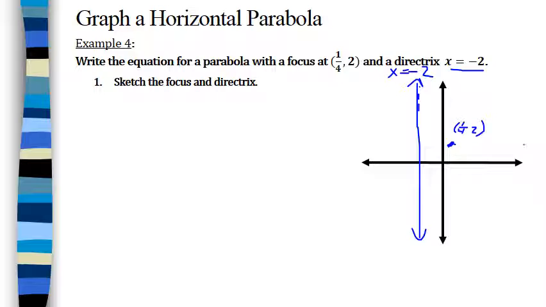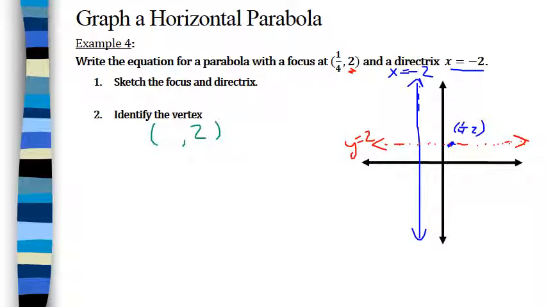I know my axis of symmetry is going to go right through here. So my axis of symmetry is going to be at y equals 2 because that's the y value of the focus. So I know immediately the y value of my vertex is going to have to be 2. So I at least know half of the vertex is going to be 2 because it has to lie on this line of symmetry.